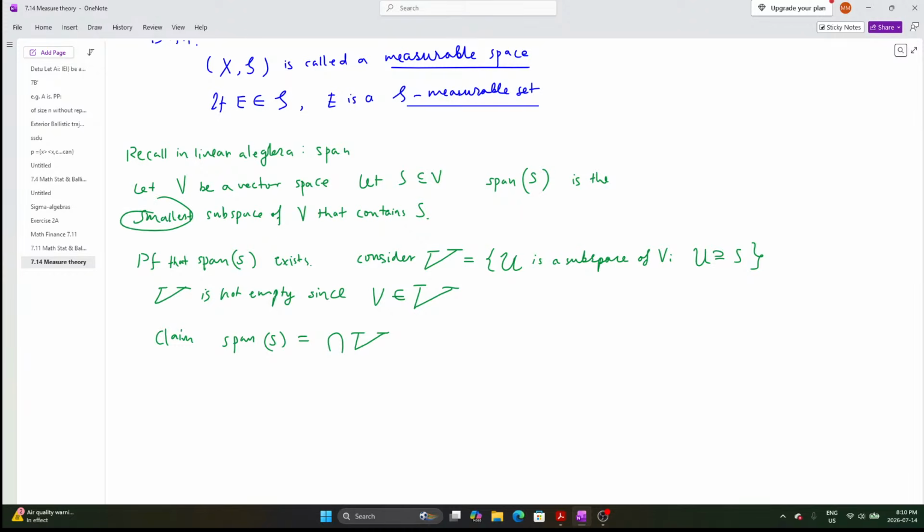But what about the smallest? How do we even formulate the smallest?